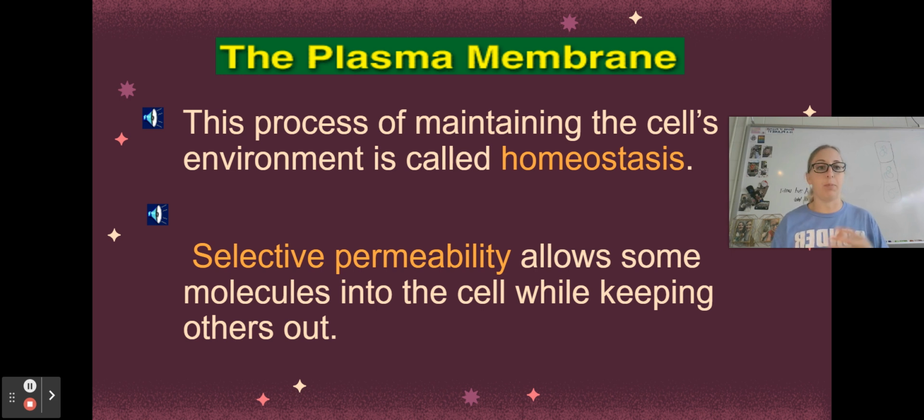And then permeate or permeability means to come in, to go through. So selective permeability means that another job of the cell membrane is to allow some stuff in and allow some stuff out, but it doesn't always have to let things in or out. It chooses based on the homeostasis of the cell.